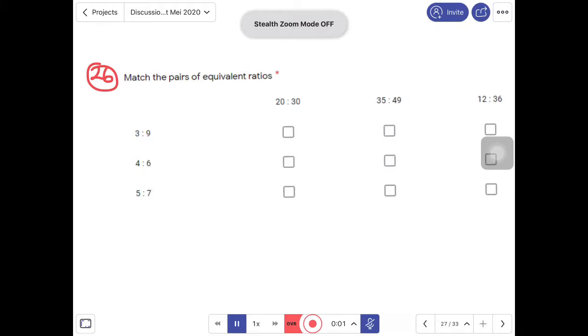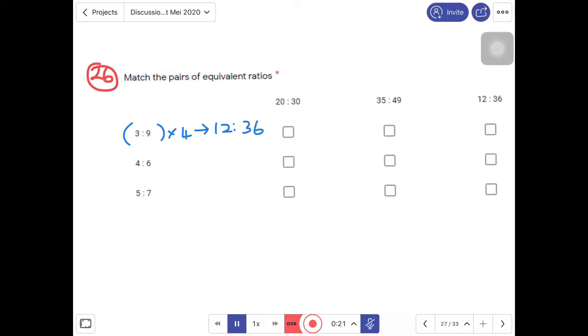Right, to get the equivalent ratio, we just multiply the ratio with any suitable number. For the first ratio, we can multiply with 4. If we multiply 4, we get 12 to 36.